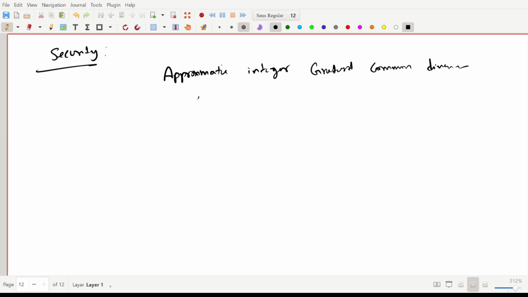That is also called the approximate GCD problem.